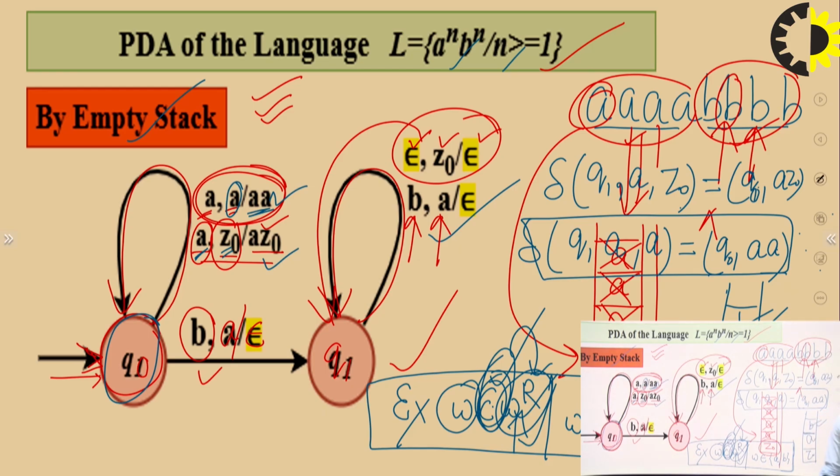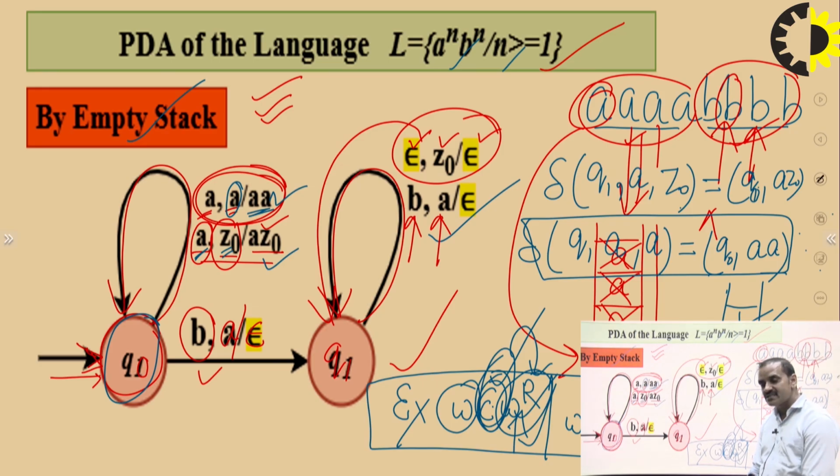When the first symbol after C is encountered, we have to start popping. And popping happens under the condition that when input is A, top of the stack is also A, or input is B, top of the stack is also B. These two cases decide when to apply the pop operation. Before this, we have to push.